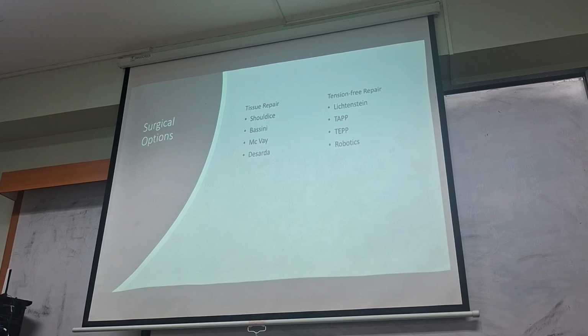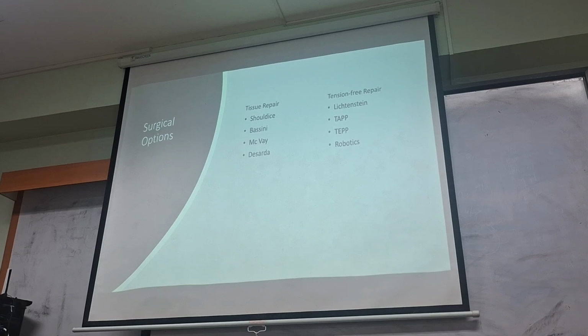So for the tension-free repair techniques, we use a prosthetic mesh. The most common material used for the mesh is going to be polypropylene. It's a form of plastic. It does not seal the defect by being a barrier. It stimulates granulation formation.